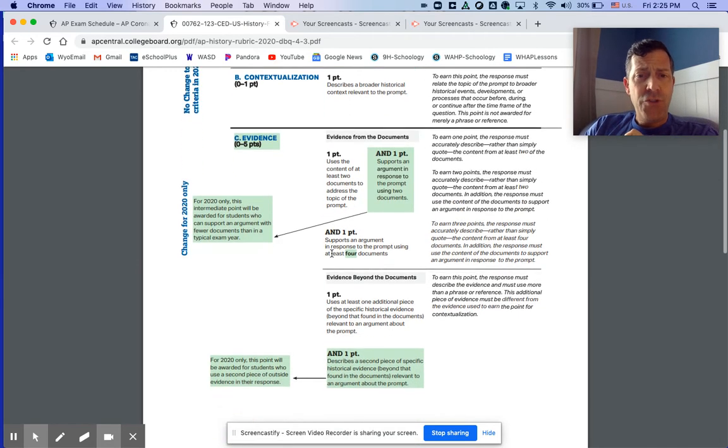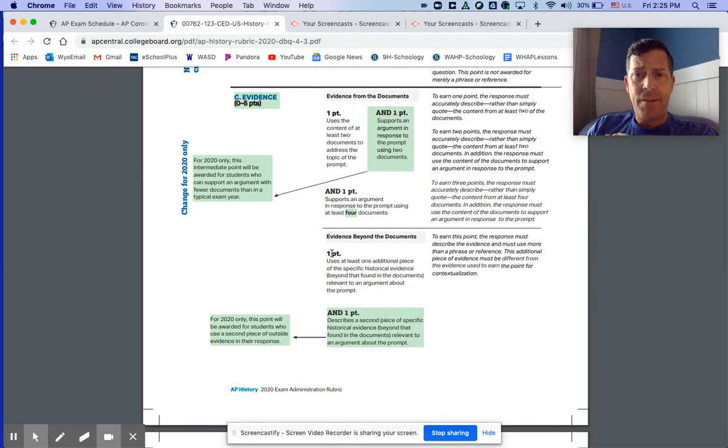Now, the first new difference is evidence. It includes partial credit and it includes outside information extra credit, if you'll see. So I'll explain. You have 5 documents that you're given. If you use the content to address the topic of the prompt, not necessarily the question clearly, but the topic of it, if you use 2 documents, you get a point.